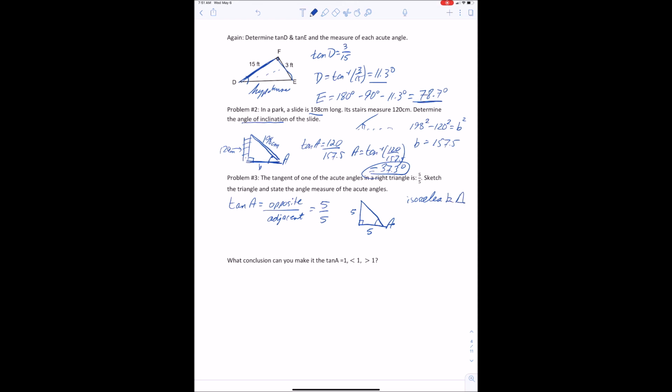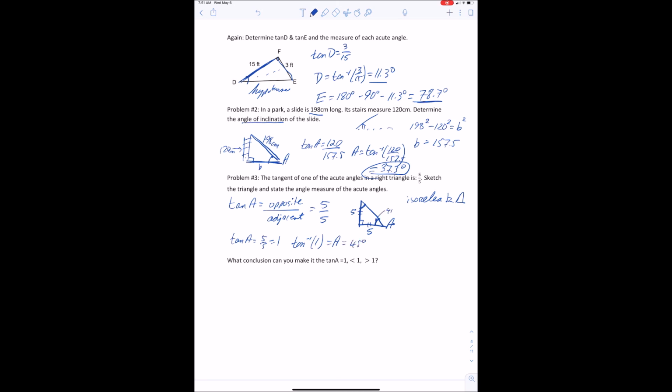And so if this length and this length are the same, then another thing that happens is that this angle down here must be the same as this one here. Or if you don't see that right away, if I know that the tan of A is 5 over 5 or 1 over 1 or 7 over 7 or whatever that turns out to be 1, if I do the inverse tangent of 1 to find A, it turns out to be 45 degrees.